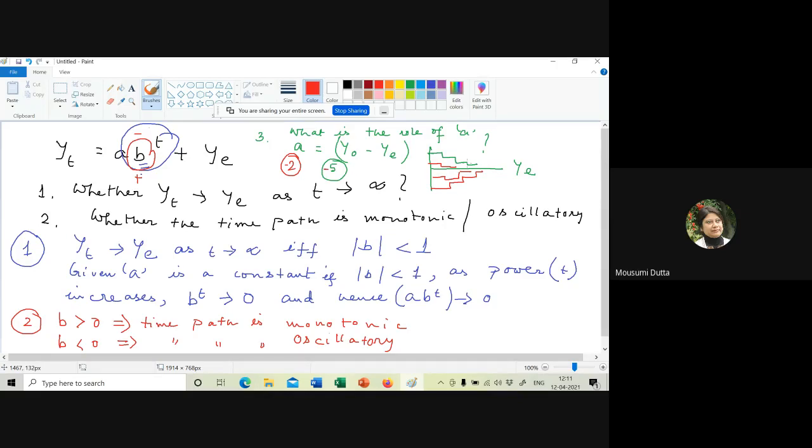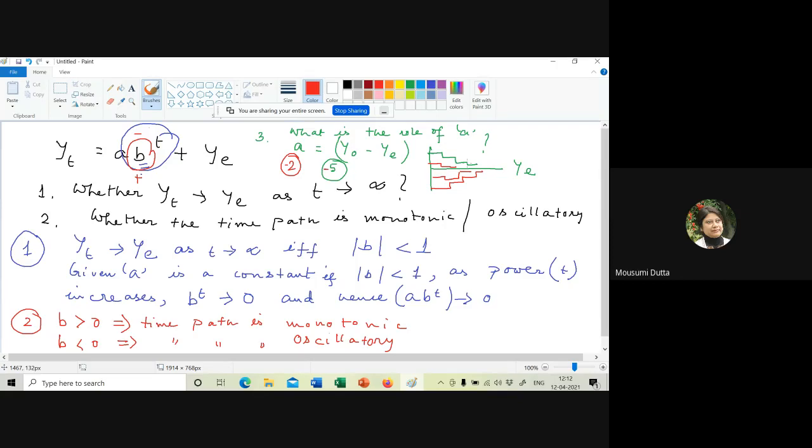So this is the idea. A will not change the nature of the time path. Rather, it will add a scale effect in the time path, and it will determine from where to start. We will start from a point which is above equilibrium, or we will start from a point which is below equilibrium.